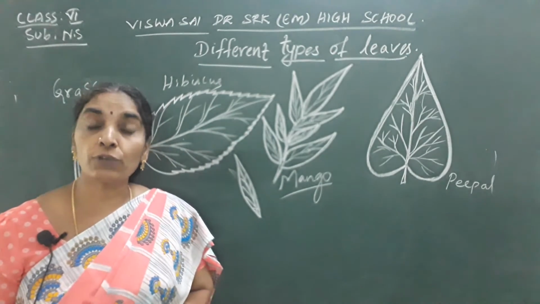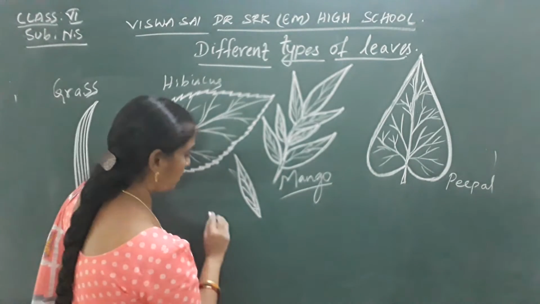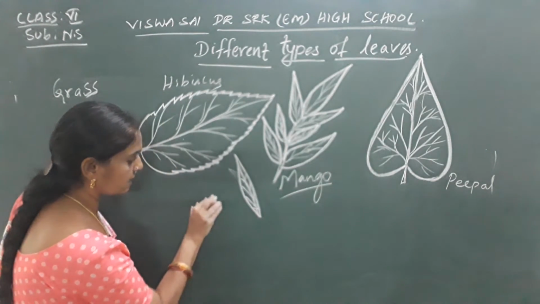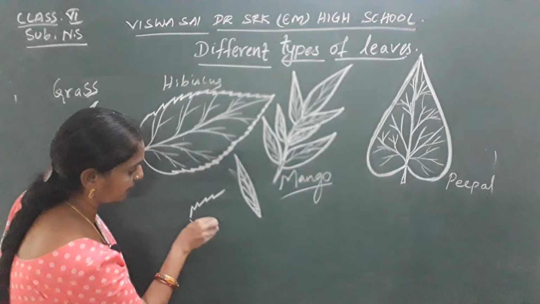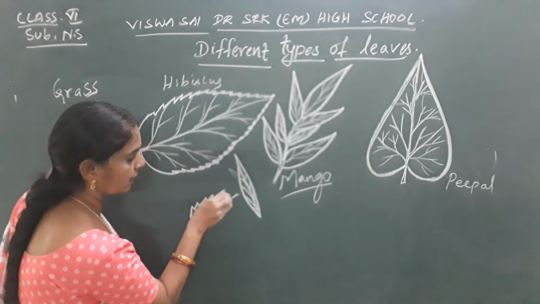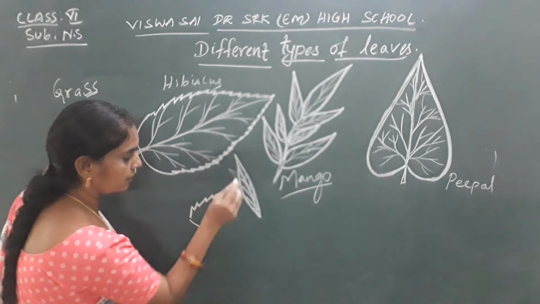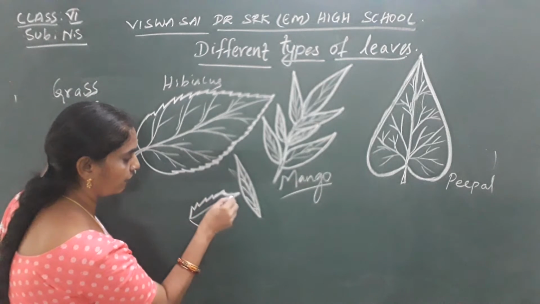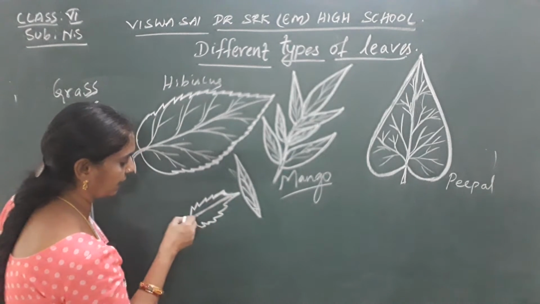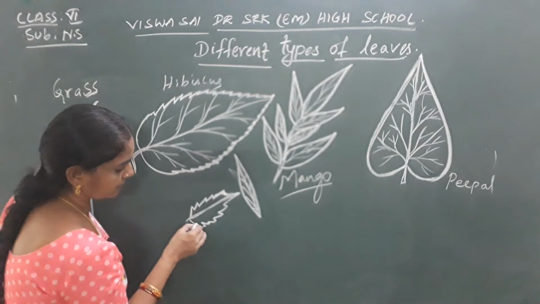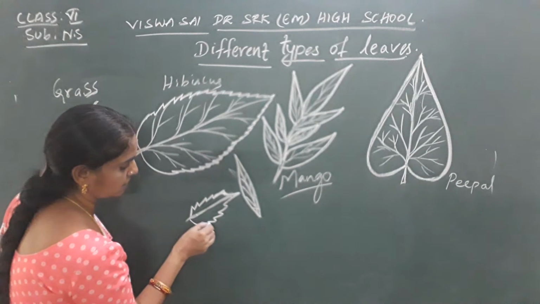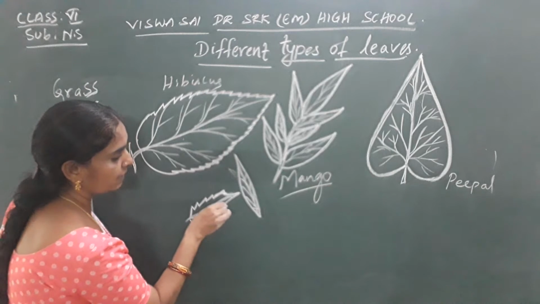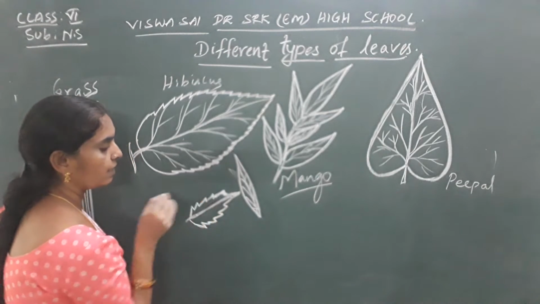And also if you observe the neem leaf, it is elongated, as in the case of grass. You can see the neem leaf also is elongated, but you can find the striations at the edges, isn't it? These are the striations that you find in the leaf of neem.